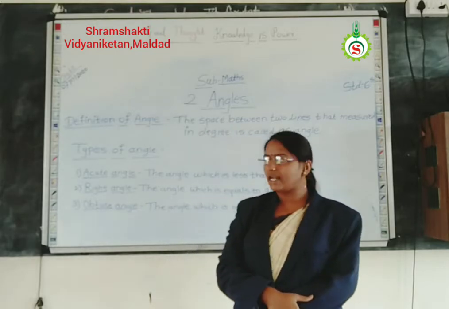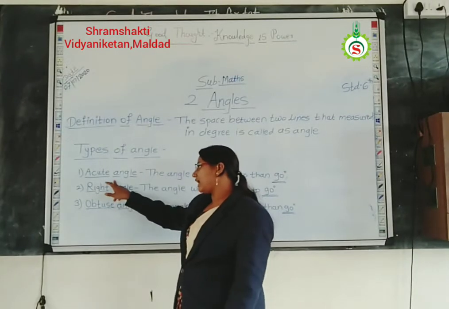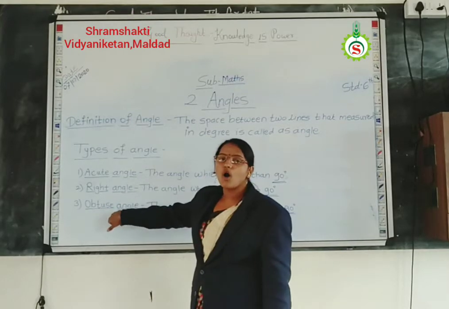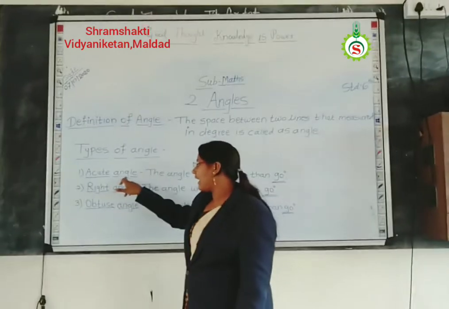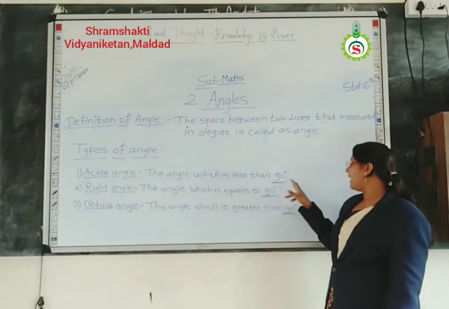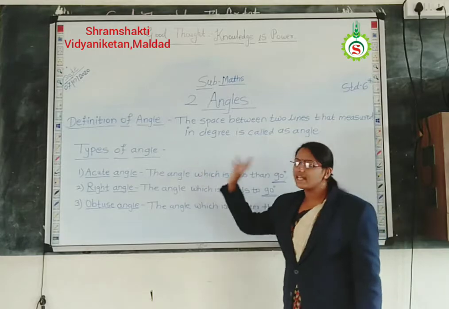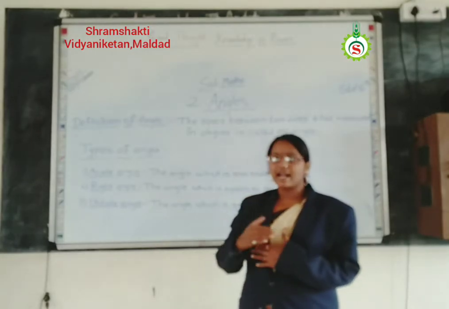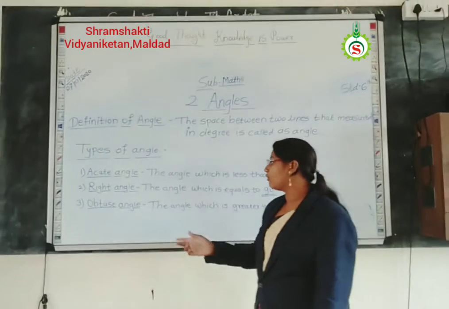So, what are those types of angle? First one is acute angle, second one is right angle, and third one is obtuse angle. Acute angle means the angle which is less than 90 degrees.